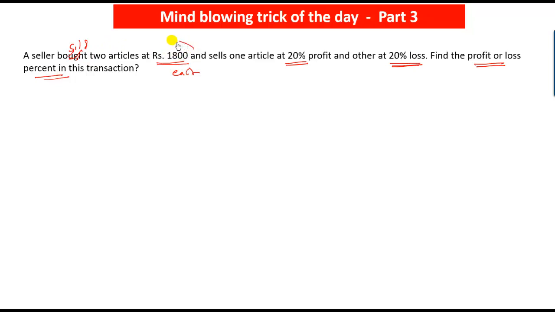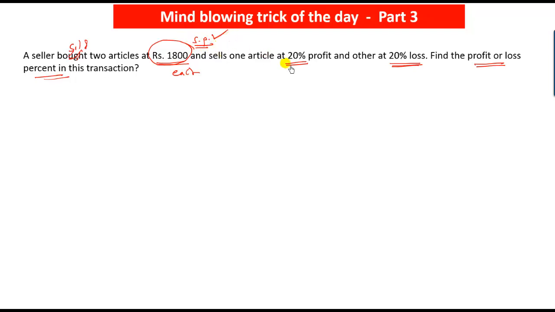Here the selling price of each article is same. So the first condition is satisfied. 3 conditions we have to check, that selling price should be same. Here the seller has sold 2 articles at 1800 rupees each. It means the first condition is satisfied, that selling price should be same.